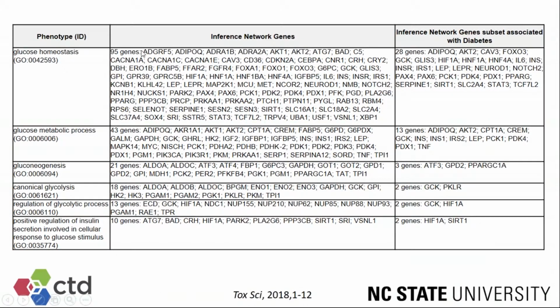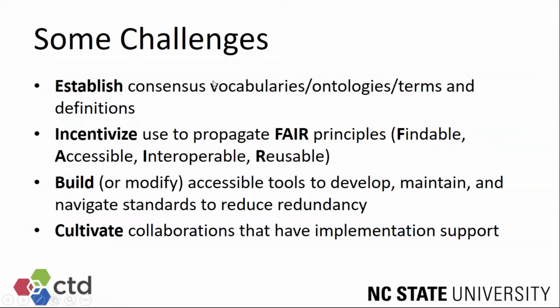And this is just a small snapshot of being able to not only connect these phenotypes with diseases, but getting a lot of mechanistic information in there to help justify those connections.